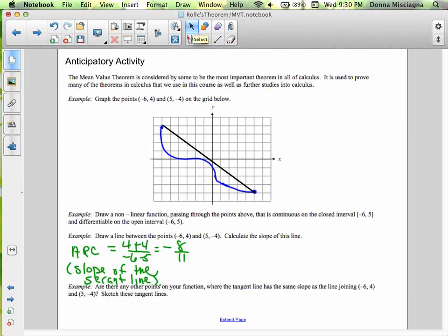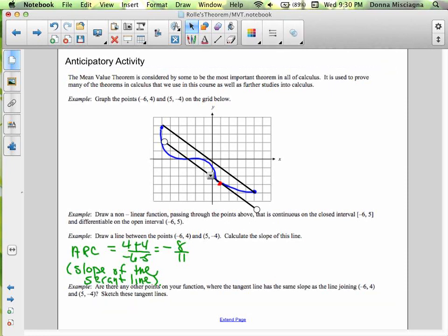Sketch these tangent lines. Well, I'm going to clone this one, and it looks like right here. Are there any others? No. Did I get no?